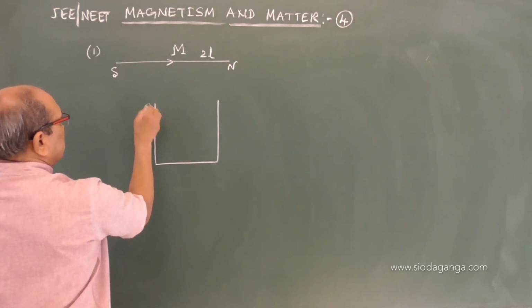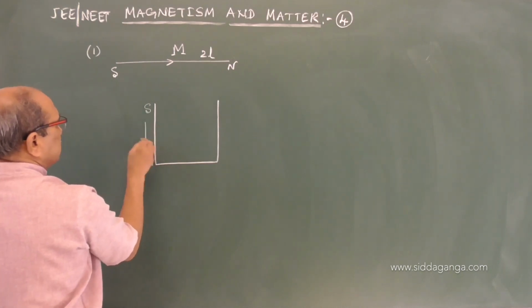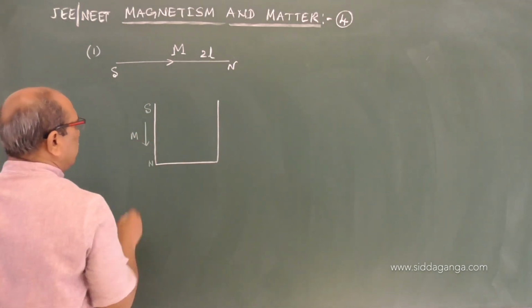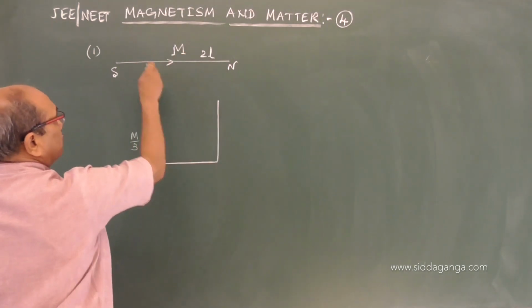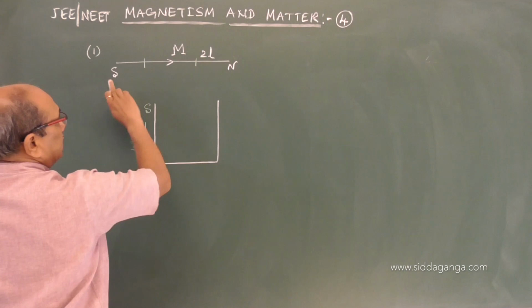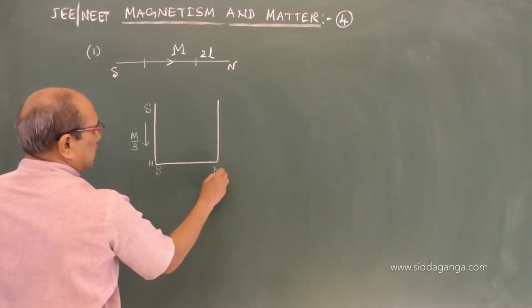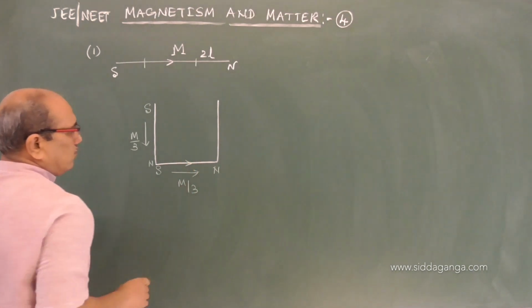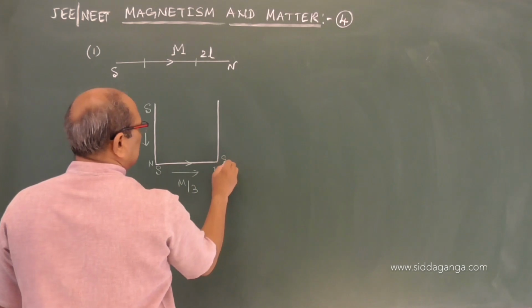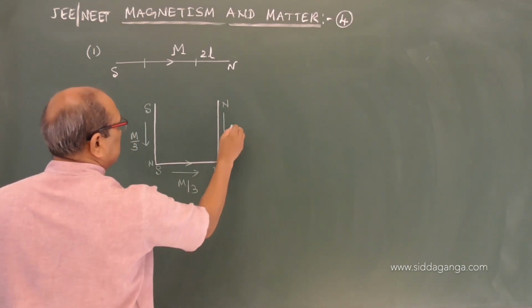Then it is S, now becoming N, with this moment m by 3. This is cut along the length into three equal parts. In that case each part becomes m by 3. Again it is S N, and this moment m by 3. And again it is S and N, and this moment is m by 3.